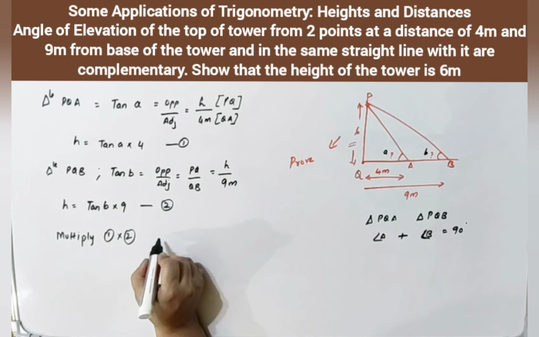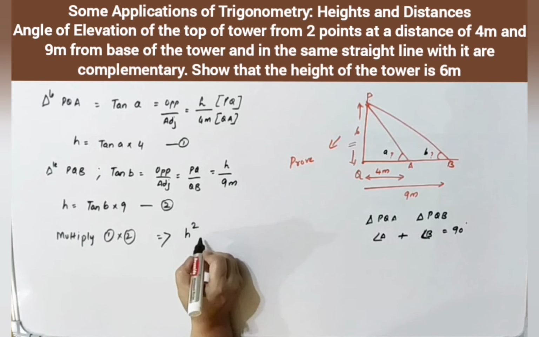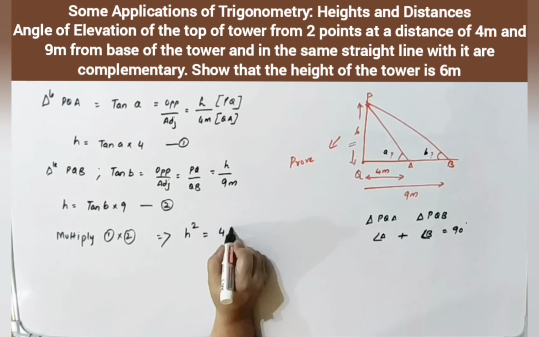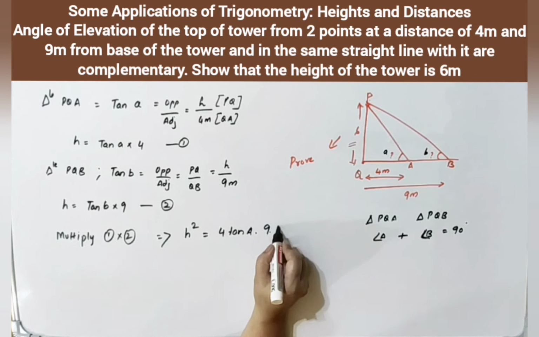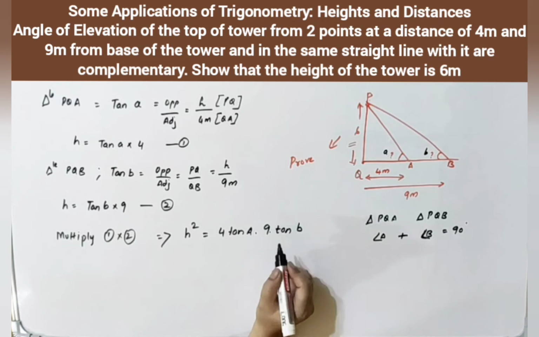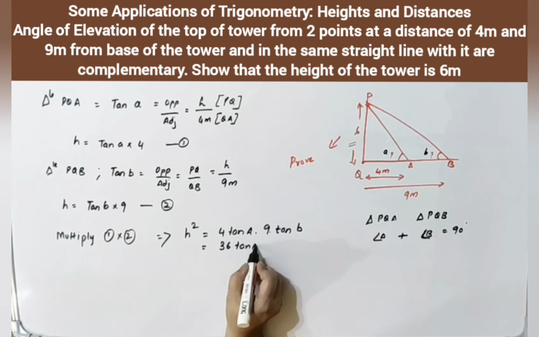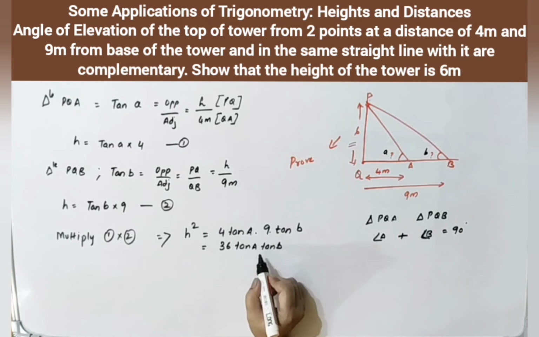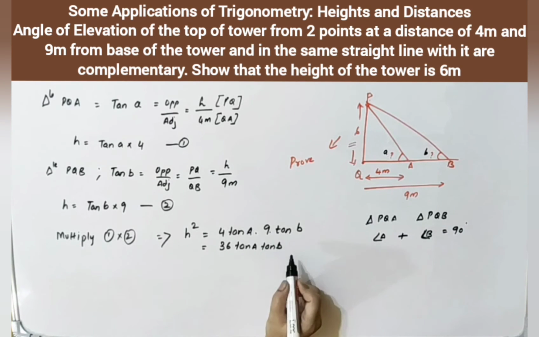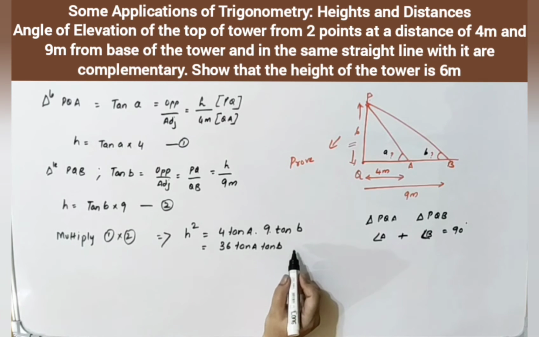What we will get: h into h will be h square is equal to 4 tan A into 9 tan B. 4 into 9 is 36 into tan A into tan B. Now, angles A and B, if you add together, will become 90.